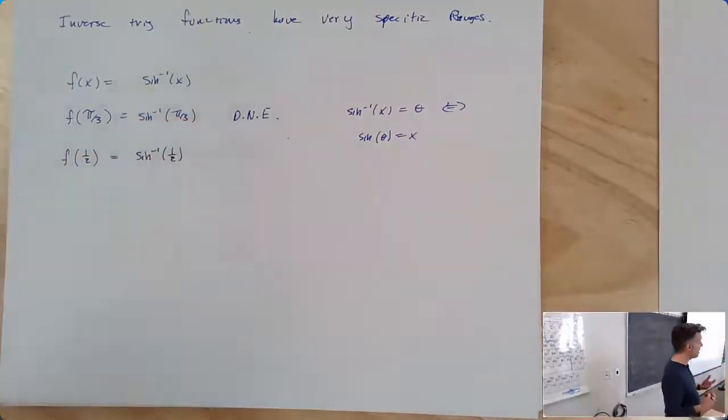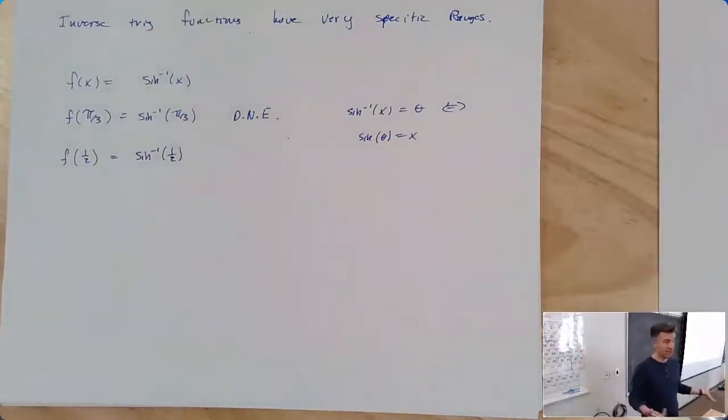I'm looking for the angle where, if I take sine of that angle, I get 1/2. Now, you might say, James, there's a lot of answers to that question. And there are literally infinitely many angles where if you take sine of that angle, you get 1/2. But there's only one angle that we've all agreed is the answer, or the output of this function.